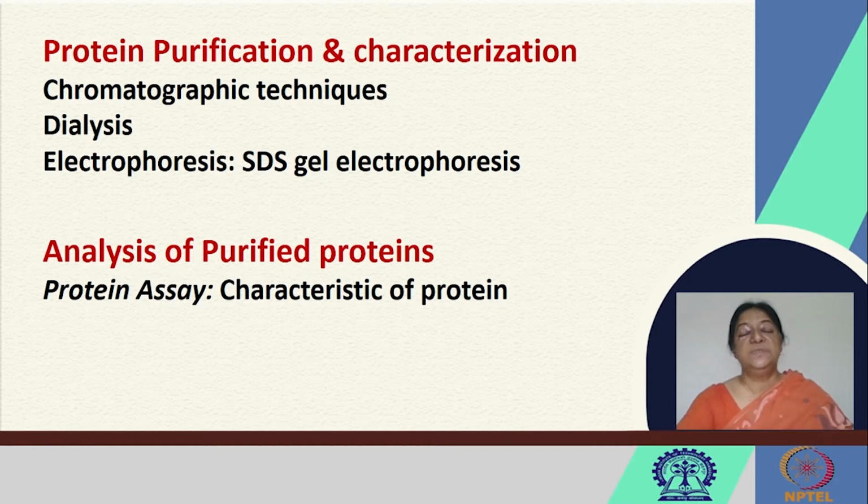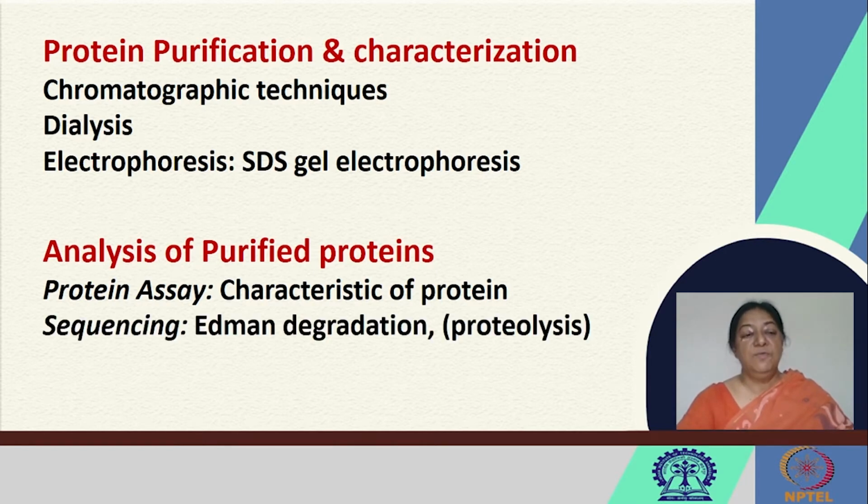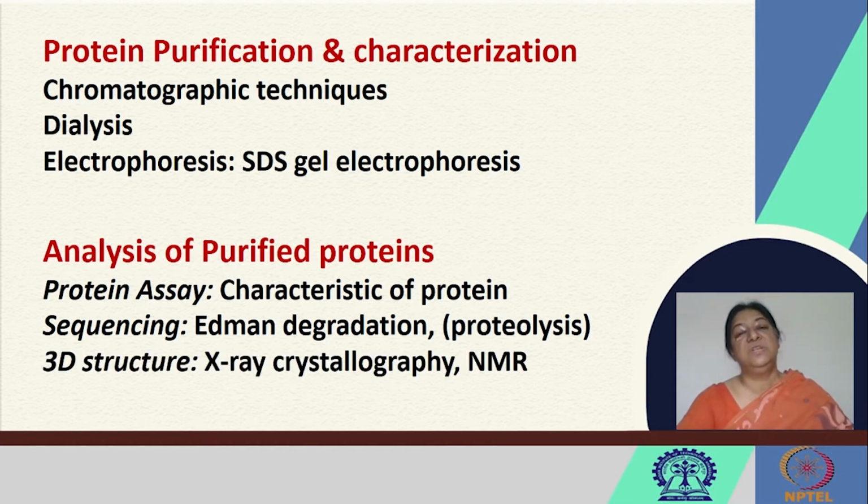If it were a specific functional protein, we would look to see whether it is performing its function to realize that we have achieved our protein of interest. Following this, we can do sequencing to look at whether we have the peptides and the amino acids in the correct sequence, or follow the 3D structure, which would actually tell us whether we have the particular protein of interest in its folded form.